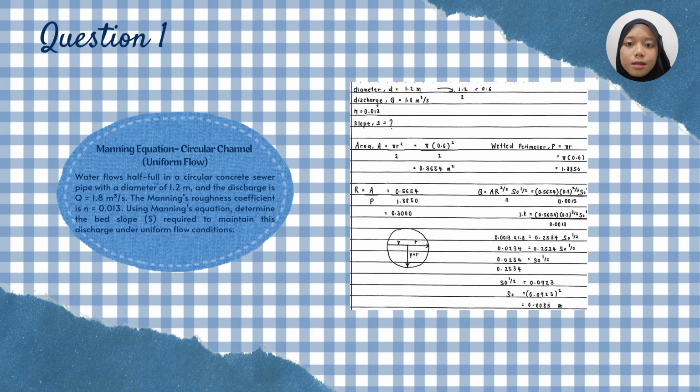Finally, square both sides, because we want to find our subject, which is our slope, the S. By squaring both sides, our slope will be 0.0085. So, the slope required for the pipe to discharge 1.8 cubic meters per second is 0.0085, based on Manning's formula and the given parameters.